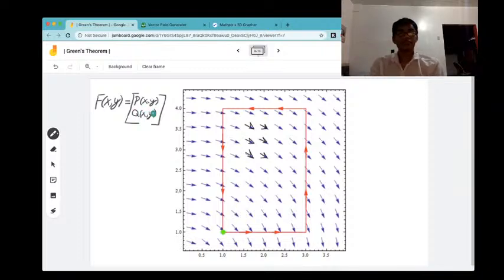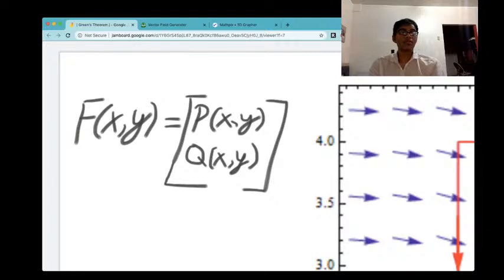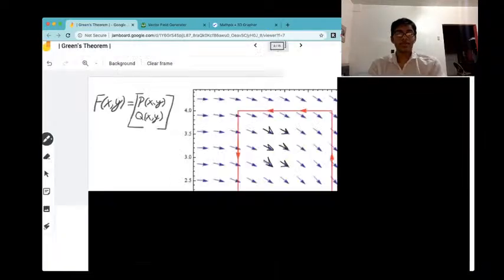Hopefully that's not too small. That's F of x comma y, that's our vector field.